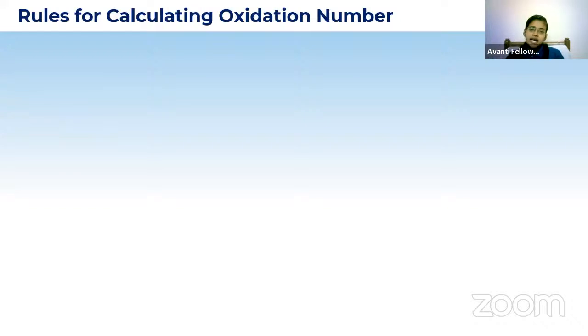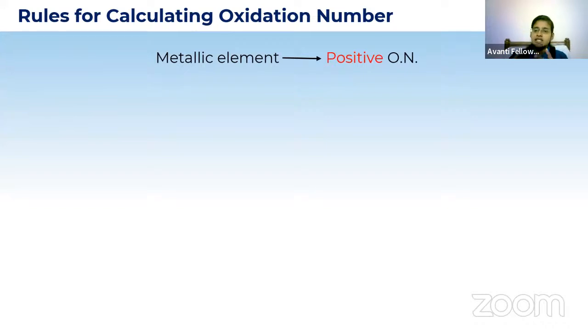All the metallic elements will have positive oxidation number. All metals will carry positive oxidation number. For example, yesterday itself we studied group 1 metals and group 2 metals, right? Lithium, sodium, potassium, rubidium, cesium.